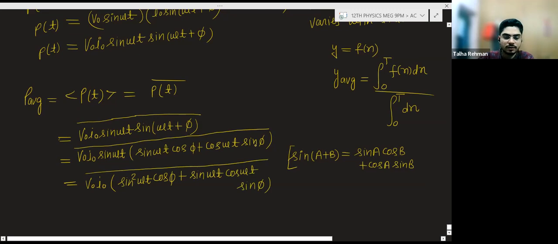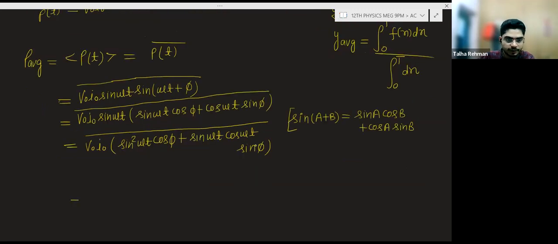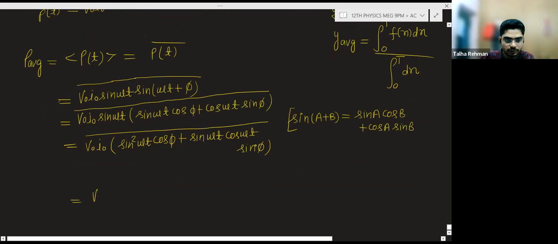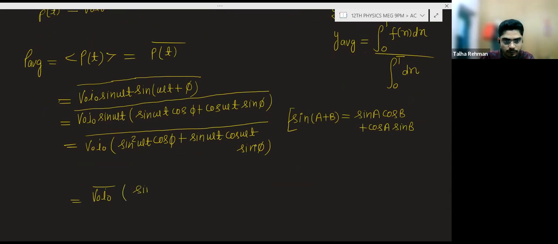Now we can write this like this: V naught I naught bar, and bar on sin square omega t cos phi, plus bar on sin omega t cos omega t sin phi.